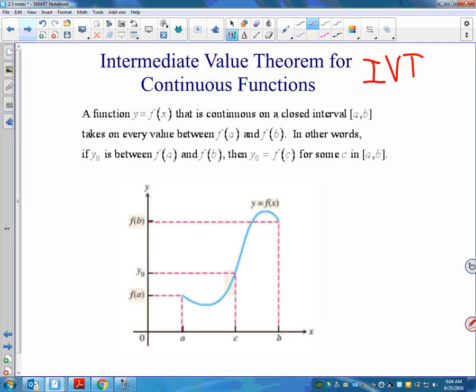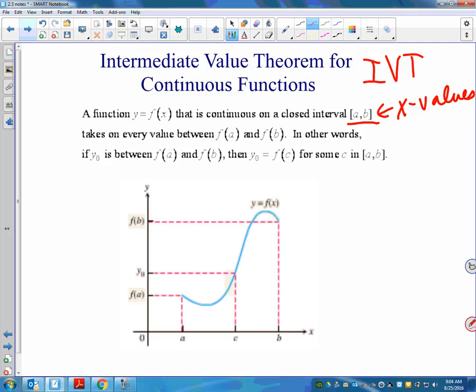Here's the thing. When we talk about continuous functions, we're talking about x values. So when we say that a function is continuous, these are the x values. And what the intermediate value theorem says is that if it's continuous on the x-axis from A to B, then the y-axis points that correspond to that are also continuous.